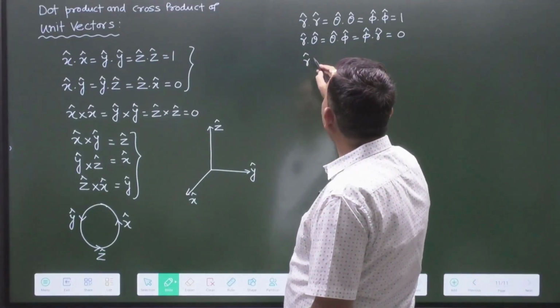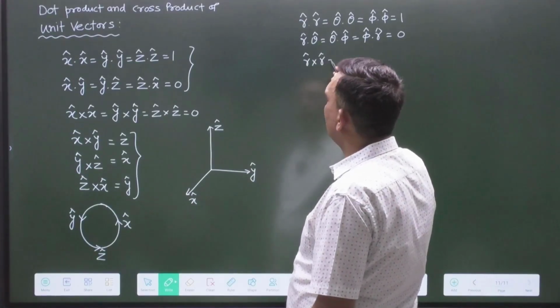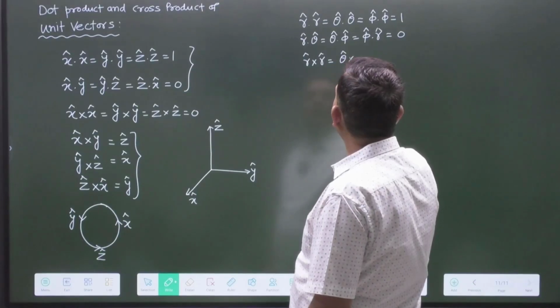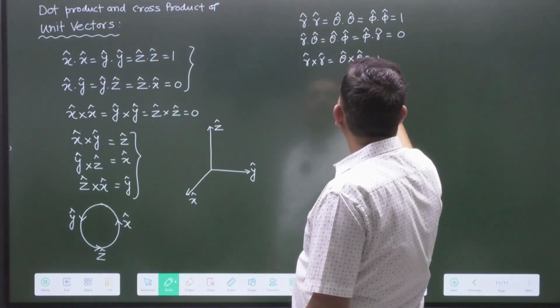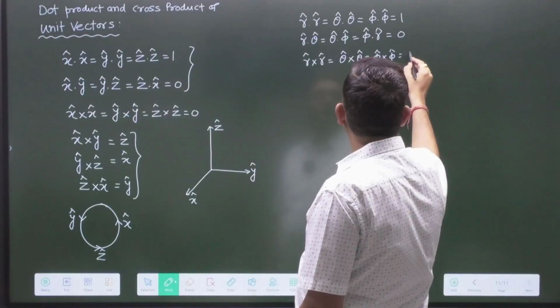Then r cap cross r cap is equal to theta cap cross theta cap, and that will be phi cap cross phi cap is 0.